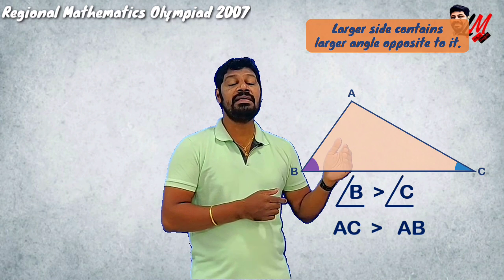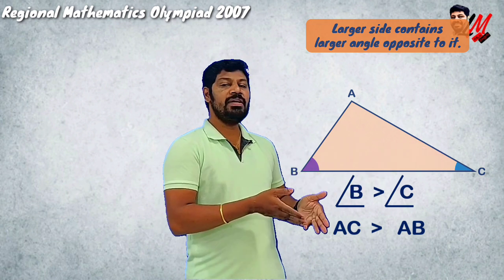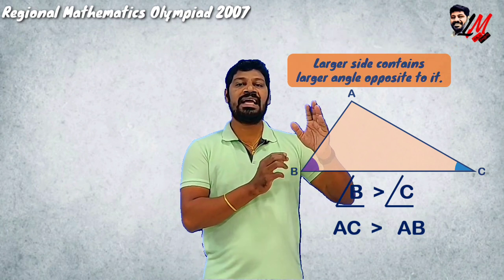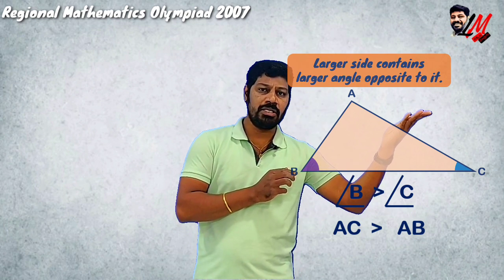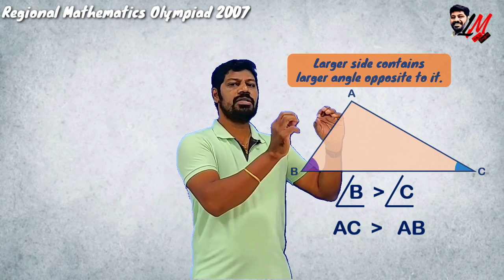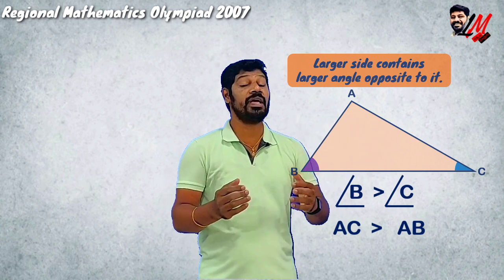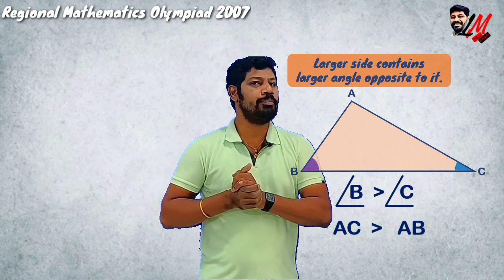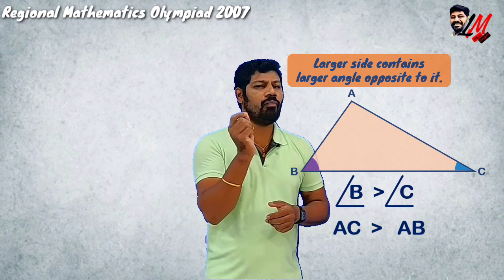So as angle B is greater than angle C, simply we can say AC is greater than AB. So the larger angle contains the larger side opposite to it, or the larger side contains the larger angle opposite to it. This is the most innocent and important concept we learned in 9th class, and we did 4 or 5 problems on it. And one more small thing, just have a look here.